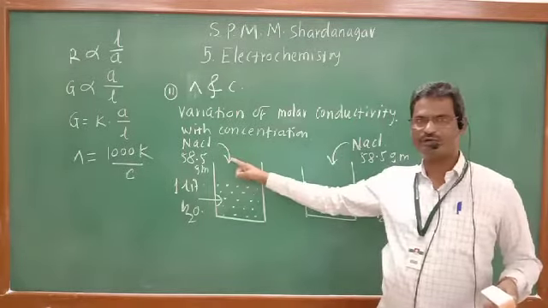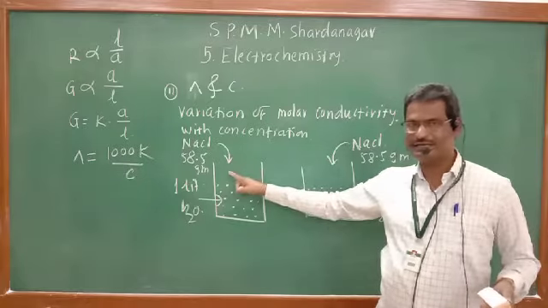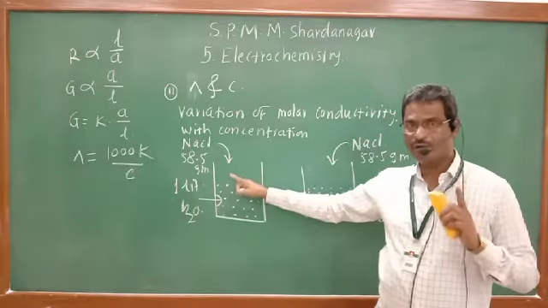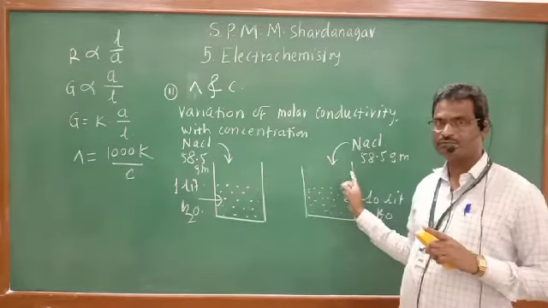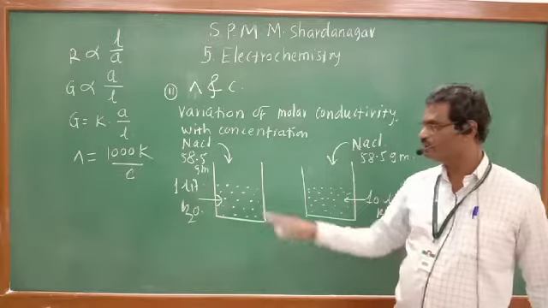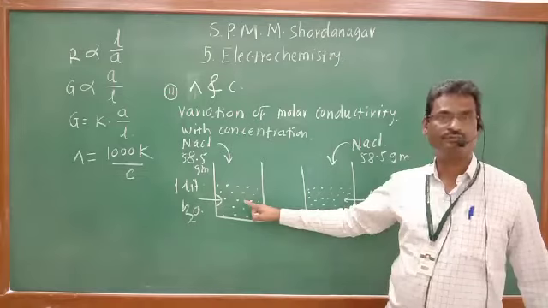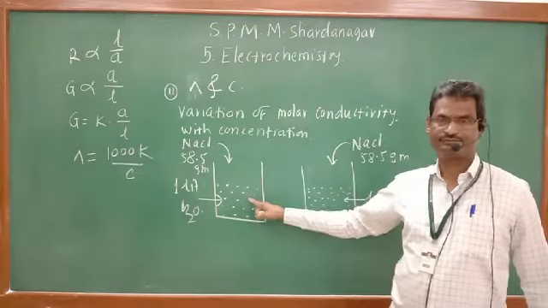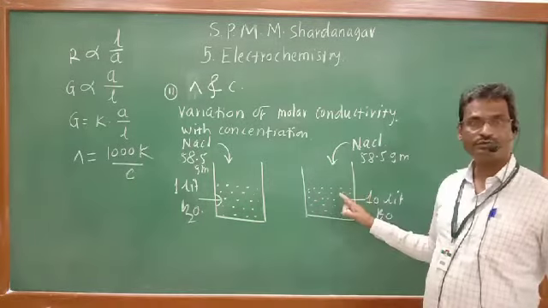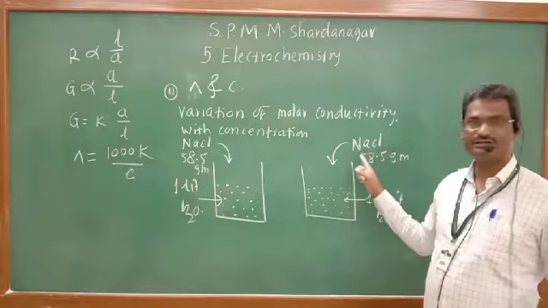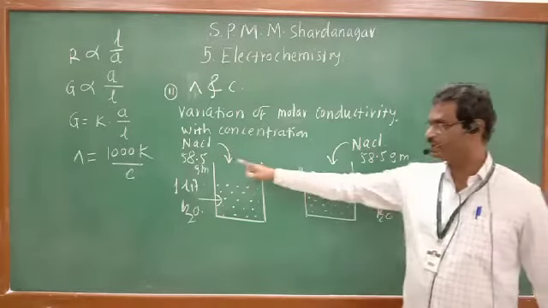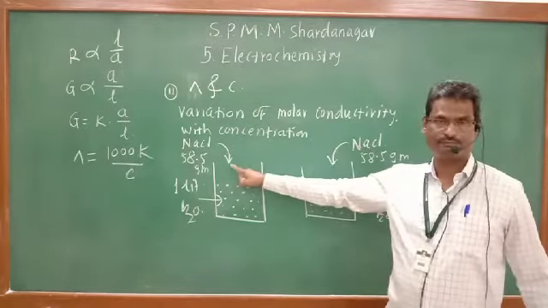Concentration of sodium chloride in the first case is more or second case is more? It is greater in the first case because volume of solvent is less. Here volume of solvent is more, therefore concentration is less, and here concentration is more.